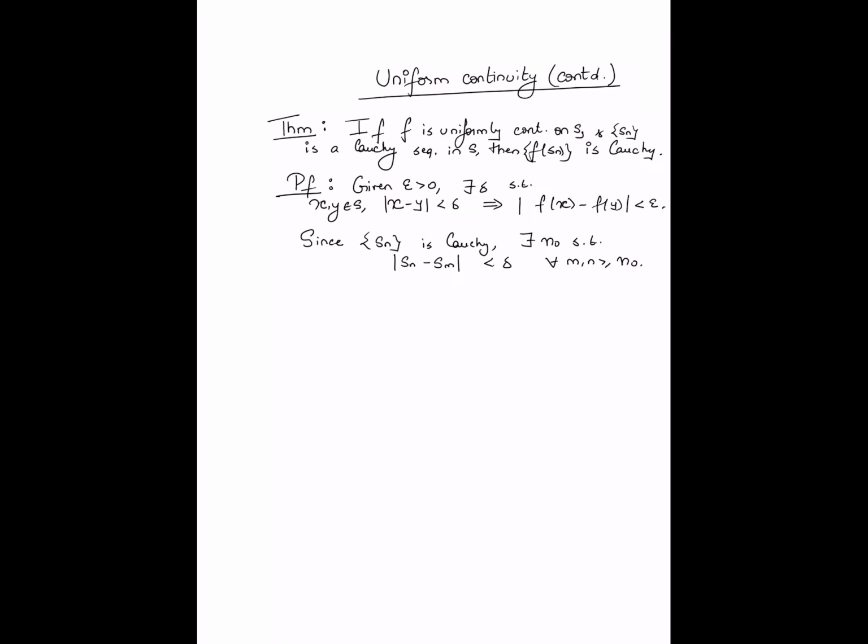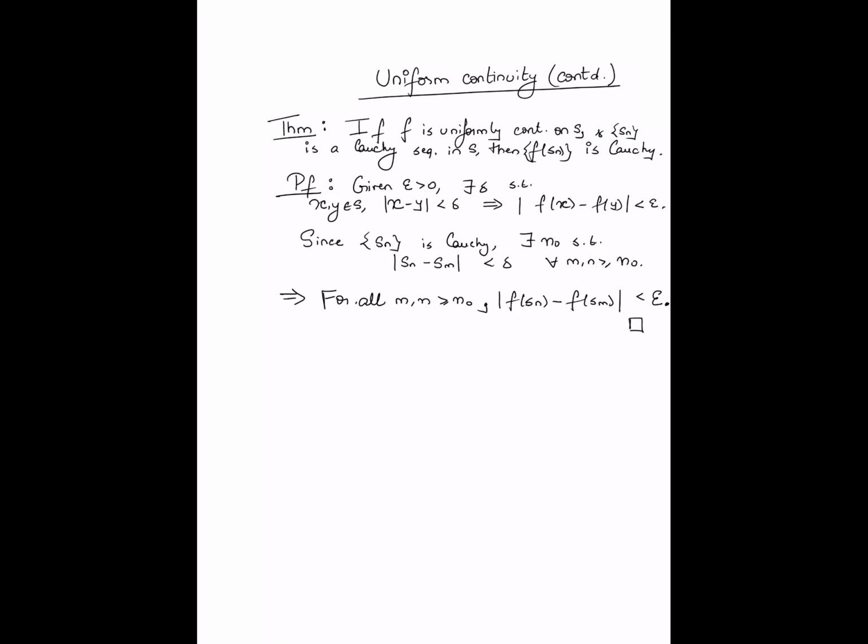Now all we have to do is patch these two together, implying that for all m and n greater than or equal to n naught, since Sn and Sm are at most delta apart, it follows that f of Sn minus f of Sm is at most epsilon.